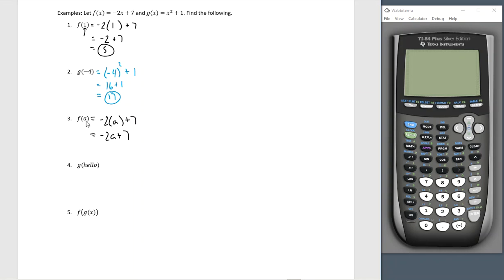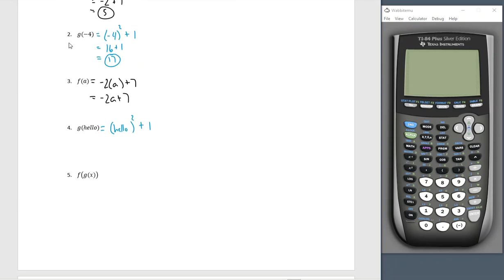We can evaluate using a different variable, or we could evaluate using a word. It doesn't matter. G of hello. G is something squared plus 1. And with the hello inside the parentheses on the left, it tells us exactly what goes inside the parentheses on the right. Yeah, that doesn't make any sense mathematically, but it's a great example of, hey, you could just substitute stuff.